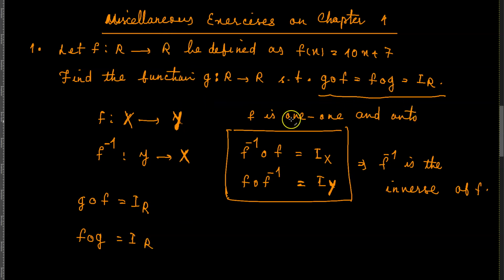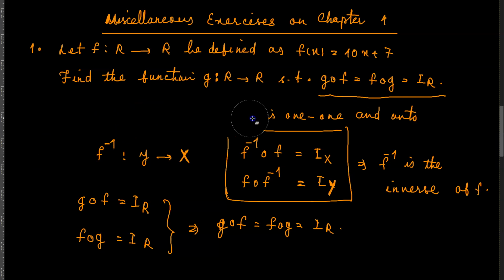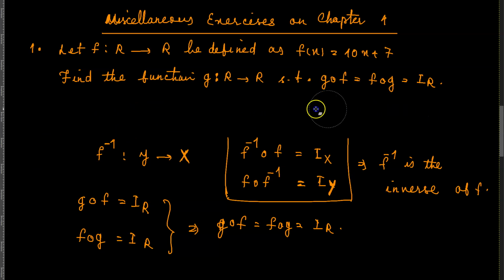For the same reason they have combined these two together and written g of f is equal to f of g is equal to I of R, right? So you simply want to find the function g, which is the inverse of f, and that's all that you want to do. There is nothing more.